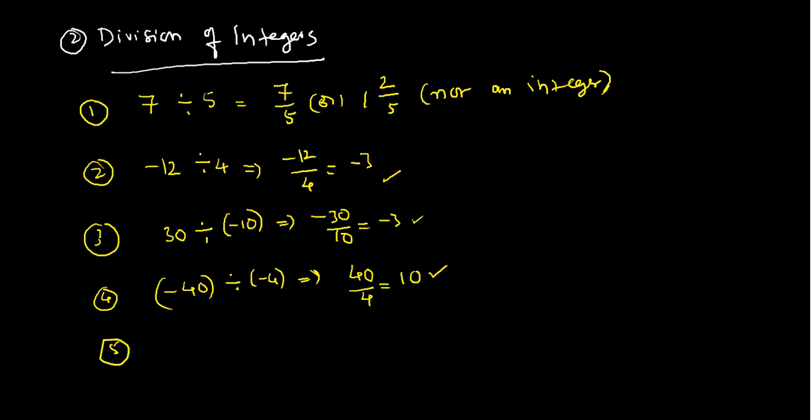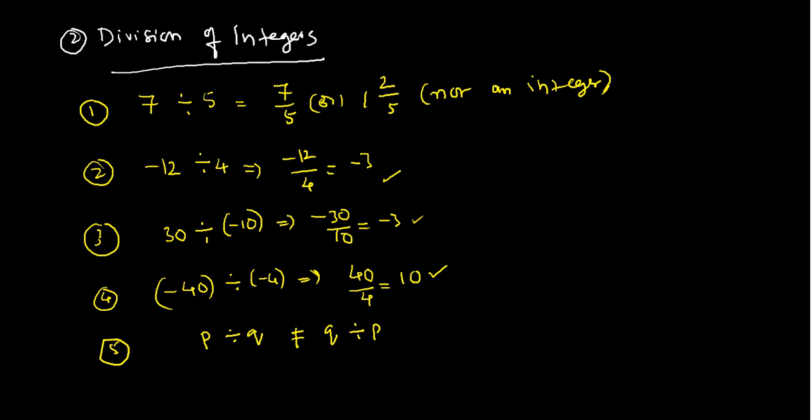Another point. Next thing is for two integers. If you consider two integers p and q, p divided by q may or may not be equal to q divided by p. That means p by q is not equal to q by p.